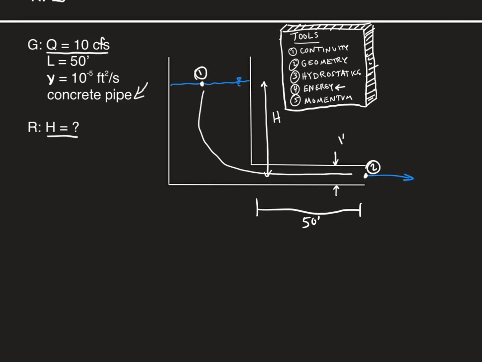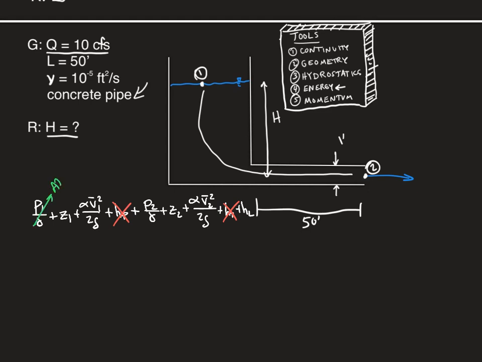So we're going to start with this energy equation. First I'm going to get rid of things that don't exist in this problem. Between 1 and 2, there's no pump. Between 1 and 2, there's no turbine. Between 1 and 2, there is a head loss, so we're going to have to deal with that. At 1, the pressure is atmospheric. At 2, the pressure is atmospheric.